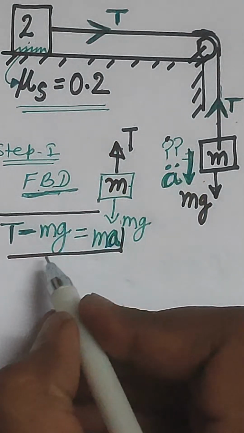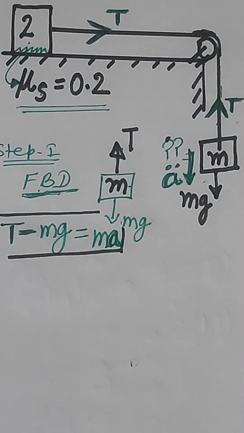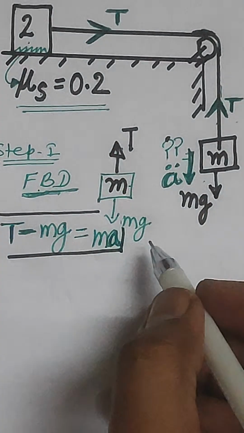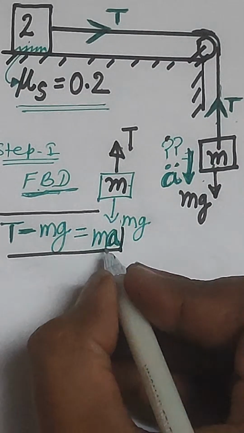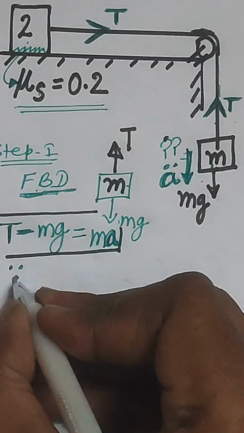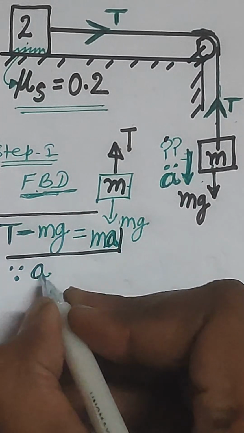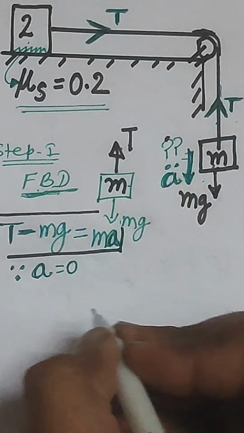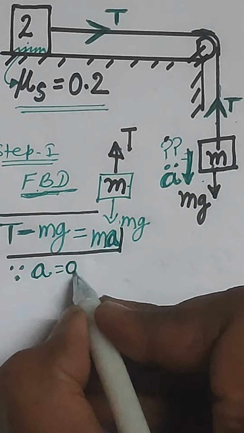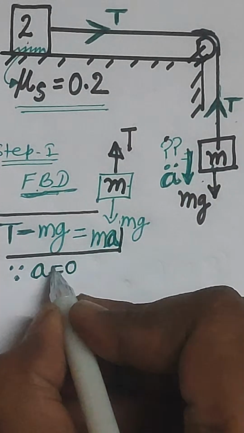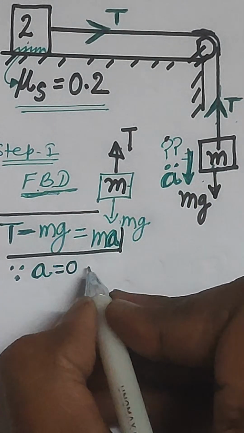In both conditions T minus mg equal to ma will be valid. I am drawing the free body diagram of this mass, right? Since we know that a equal to 0, why is acceleration 0? There is no movement, right? When there is no movement, the initial velocity equals the final velocity, and this will give you acceleration as 0, right?